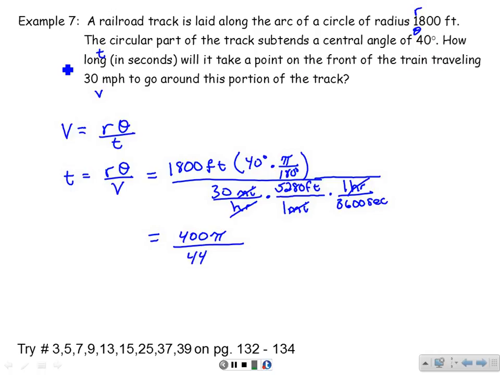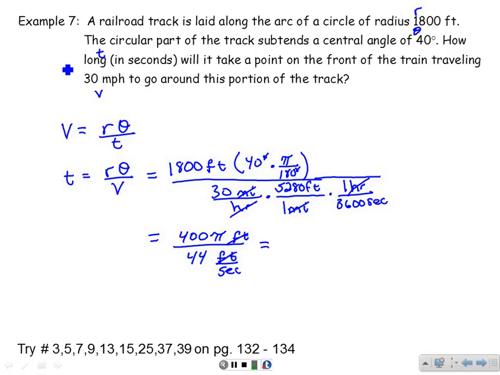Now, look at your units. We have degree cancels out degree, so this is actually going to be pi feet. And then on bottom, we have 44 feet per 1 second. And so the feet are going to cancel out, and once we do the math, seconds are going to go on top because it is a complex fraction.